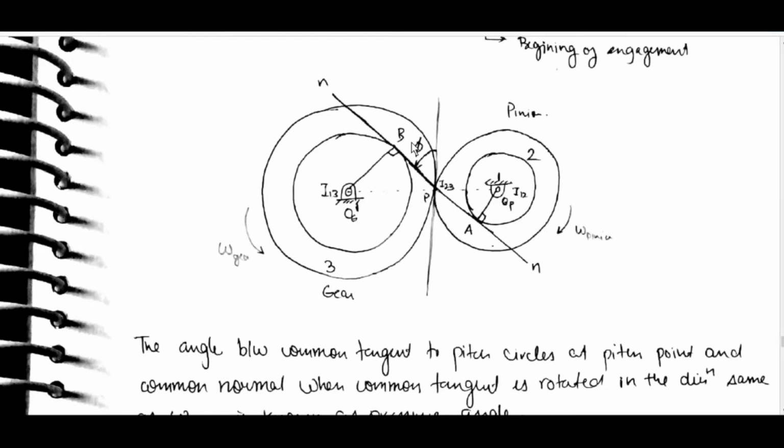Base circle, this is tangent. Common tangent. This is common normal to pitch circle and tangent to base circle.